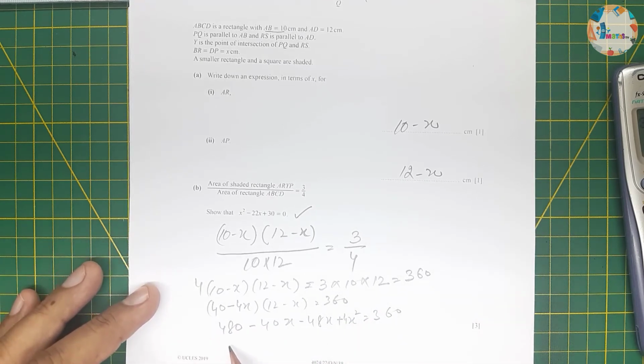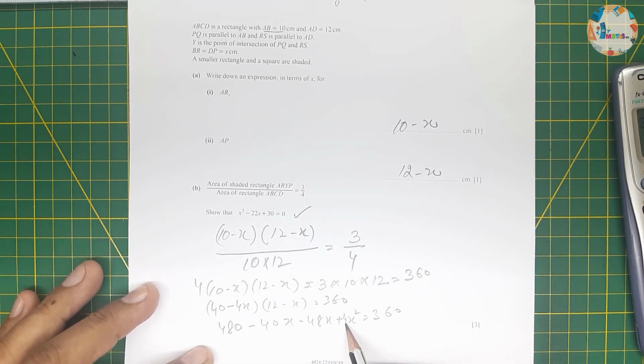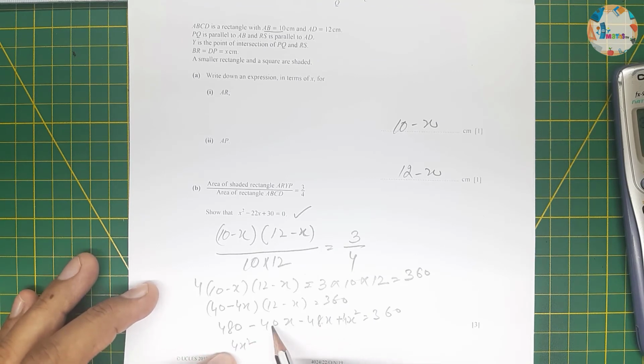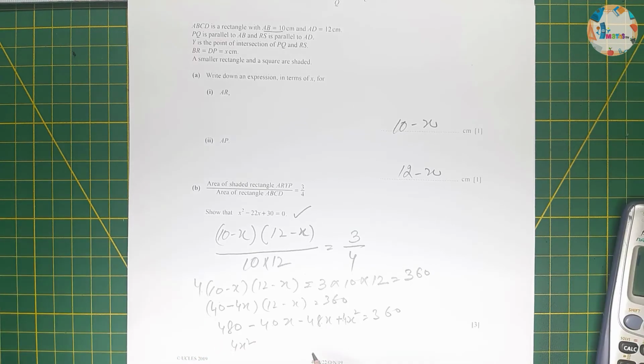So 4x squared we can write first, then x, which will be 48 and 40.